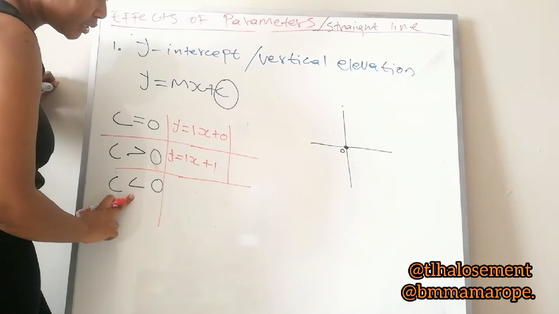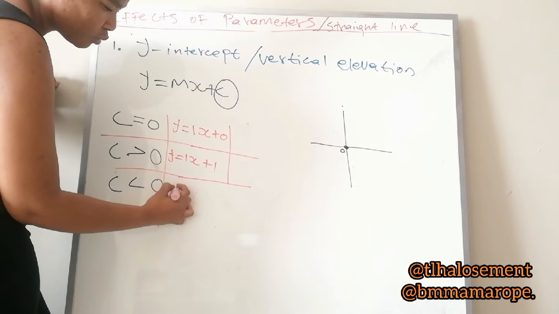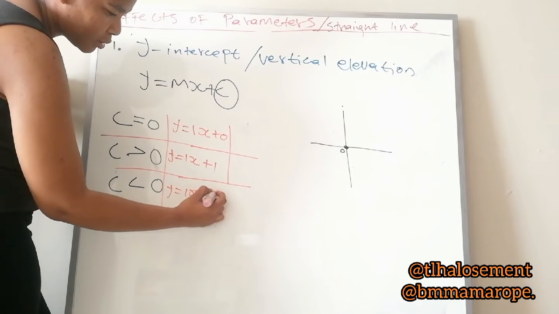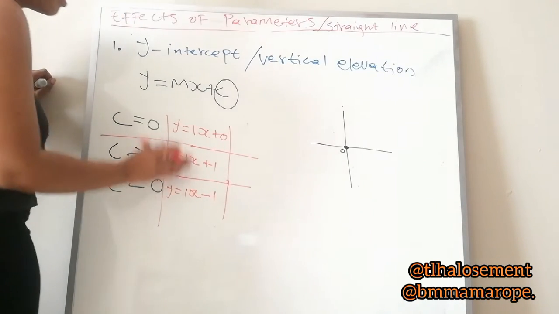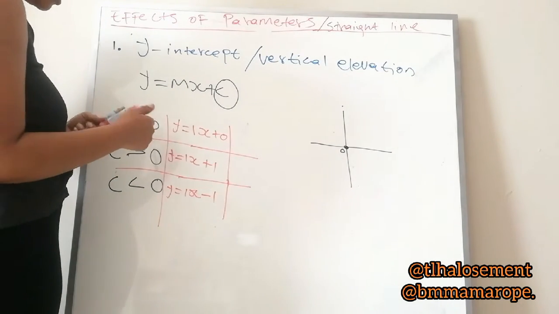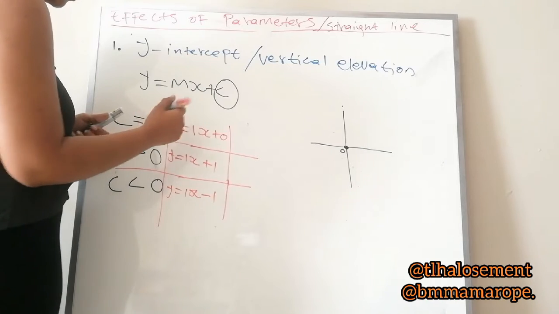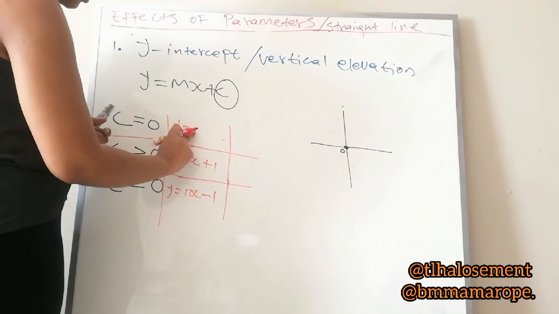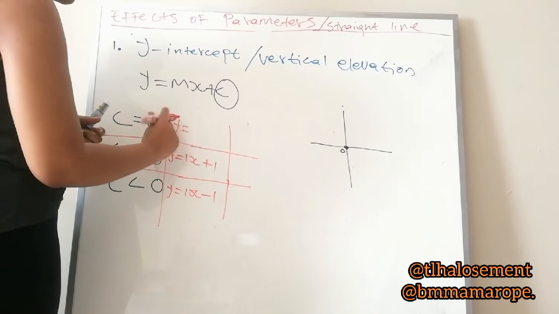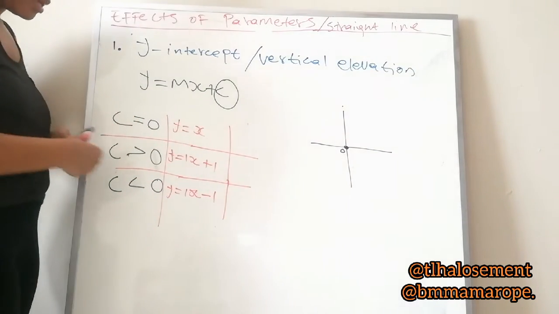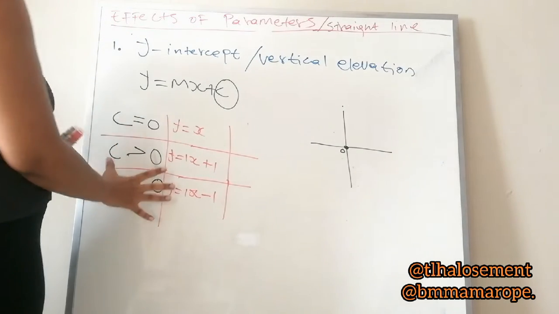We said c is less than 0, so we're going to have y = x minus 1. So that's what we have done with our function. Because c is 0, you're going to end up with y = x. So these are our functions.